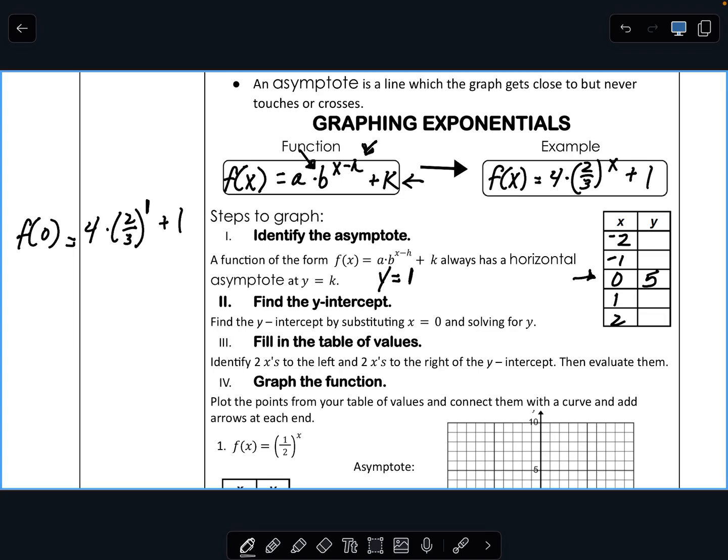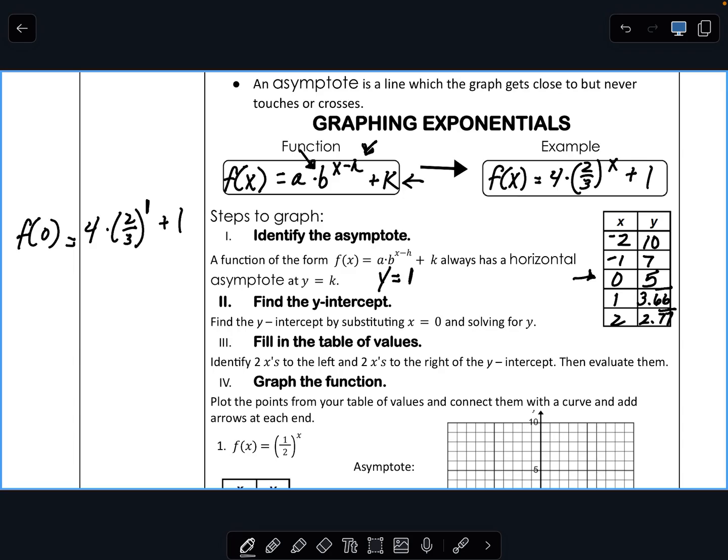You're going to have 2/3 to the first, which is 2/3, times 4 would be 8 over 3 plus 1. And you just start solving each one. So this turns into 3.66 repeating. This turns into 2.77 repeating. 7 and 10.